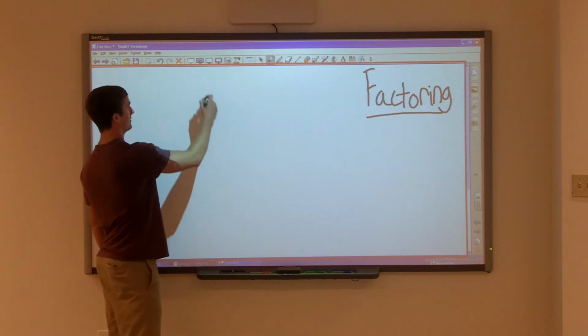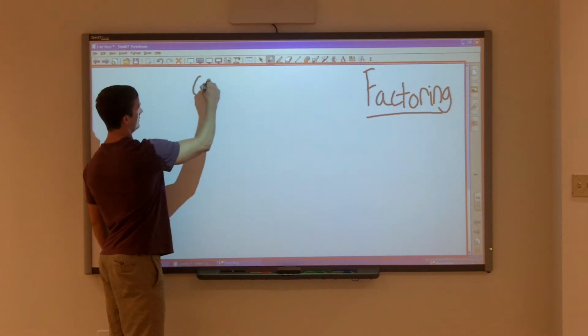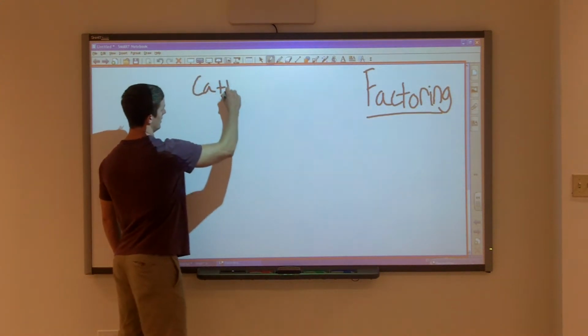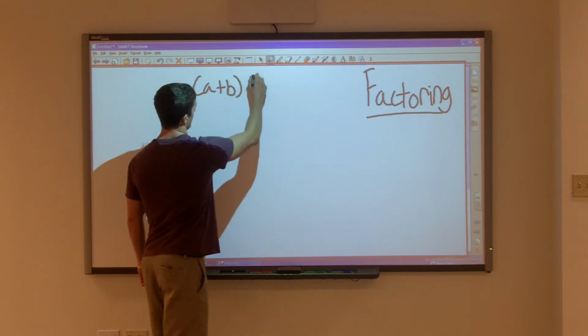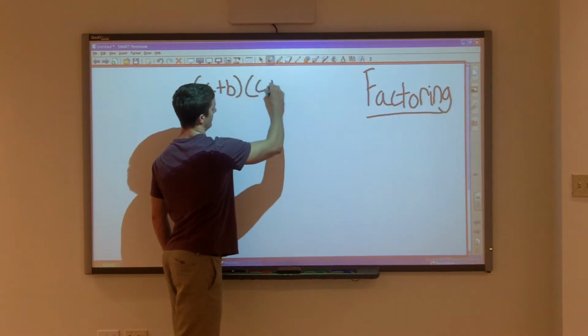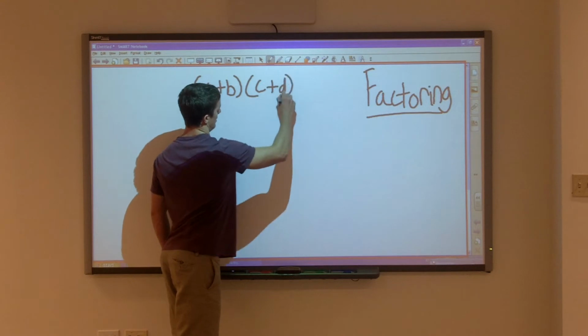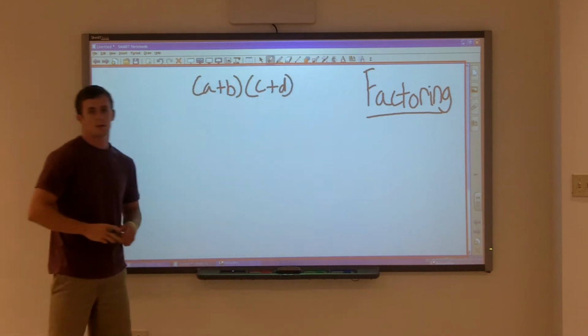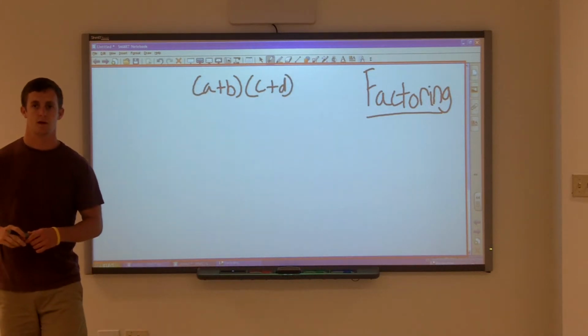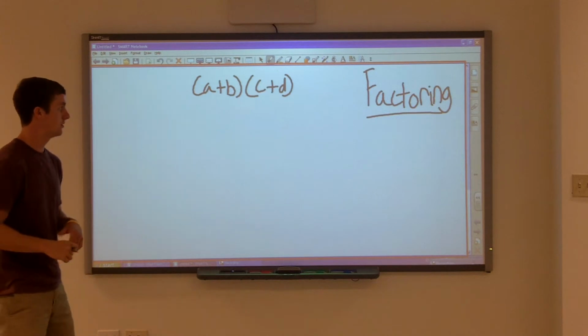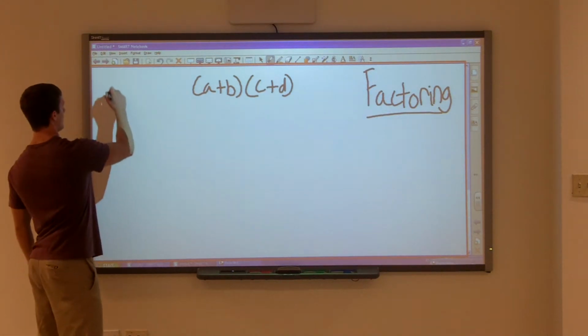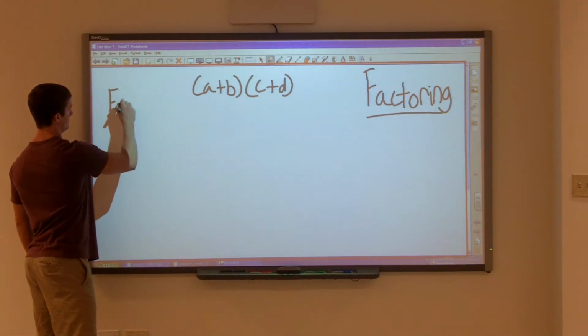And we'll start with the basic example of a plus b times c plus d. Now, as you learned in your previous classes, the easiest way to multiply polynomials is to FOIL. To FOIL, we have this acronym.